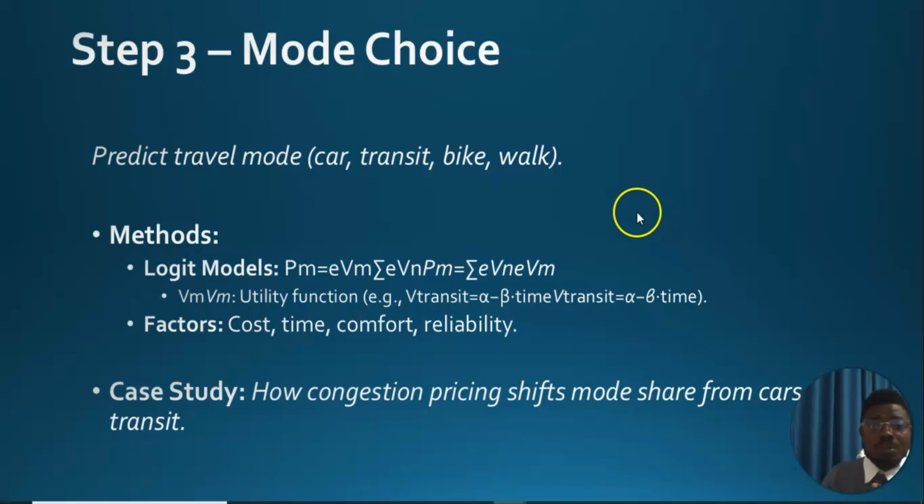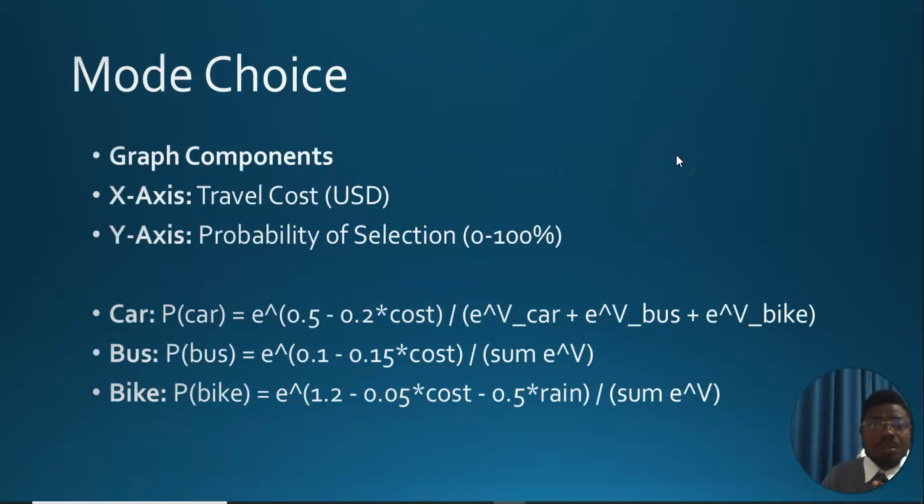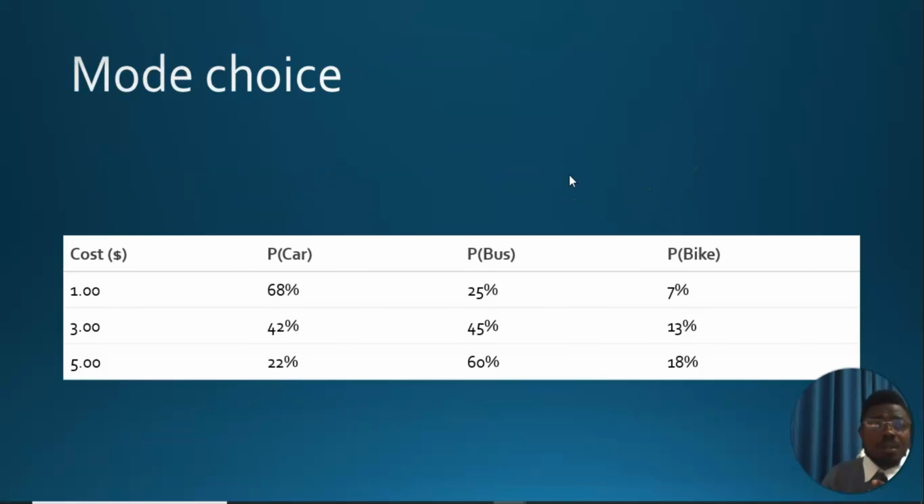So here we're going to be looking into the mode choice for cost one. Then this is the percentage based on cars, the probability of bus and probability of bikes use having different costs. So the probability of taking any of these at these prices.